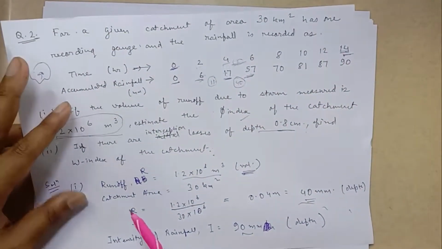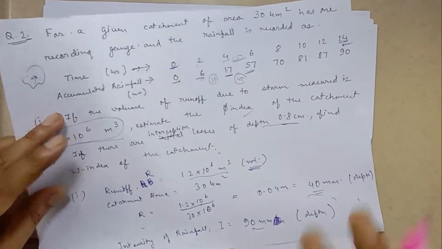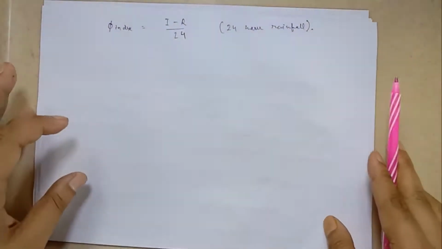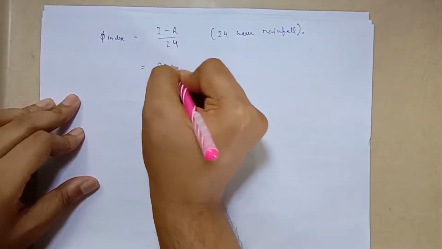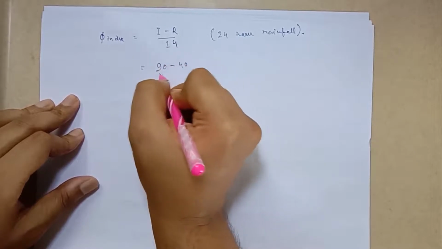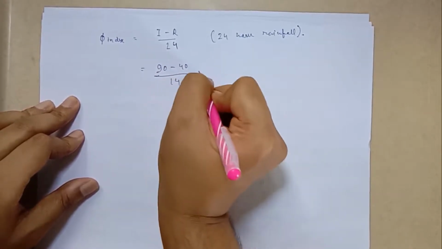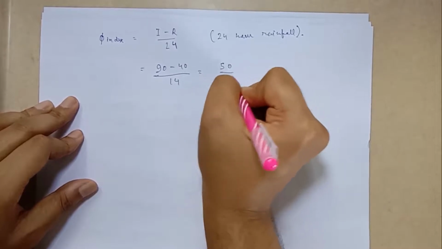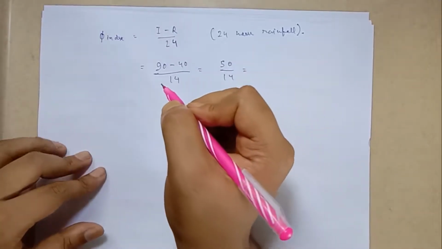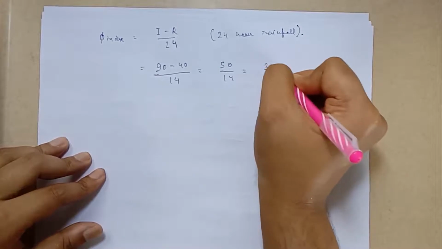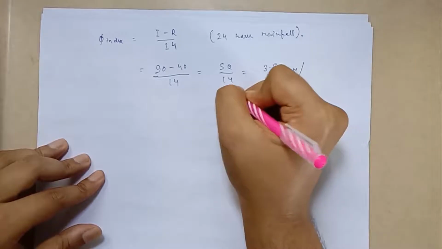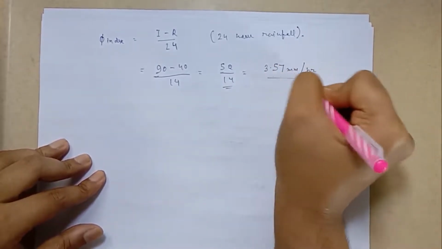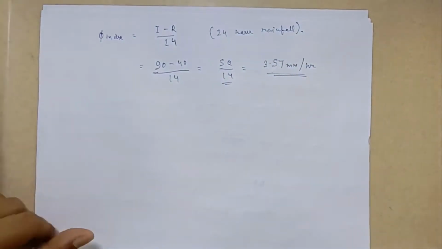All that rainfall and runoff and whatever is there, it is in terms of this 14 hours. So we are going to get it in 14 hours only. So it will be 90 minus 40, rainfall is 90 and runoff is 40, divided by 14, and it is equal to 50 by 14, which is equal to 3.57. This is in millimeter per hour. So 3.57 millimeter per hour is our phi index.